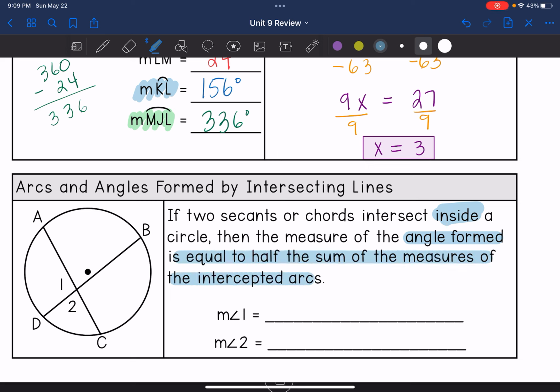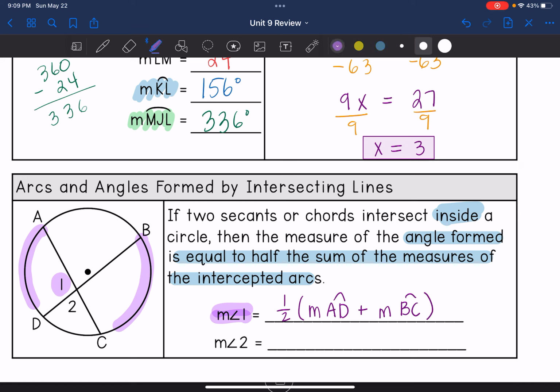So here we actually have two things to look at. If you're looking at angle 1, you need to be looking at the arcs that go with that angle. So it all has to line up. So half of their sum: half the measure of arc AD plus the measure of arc BC.